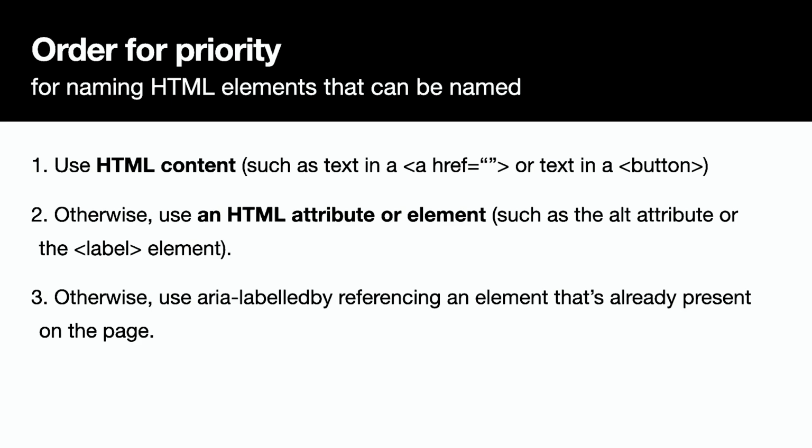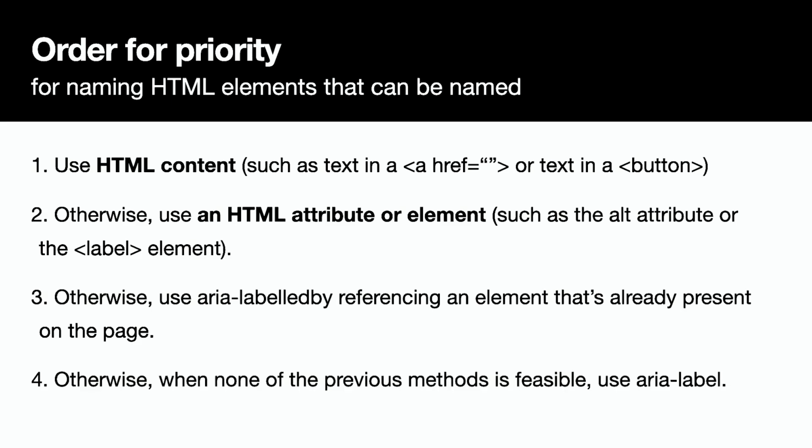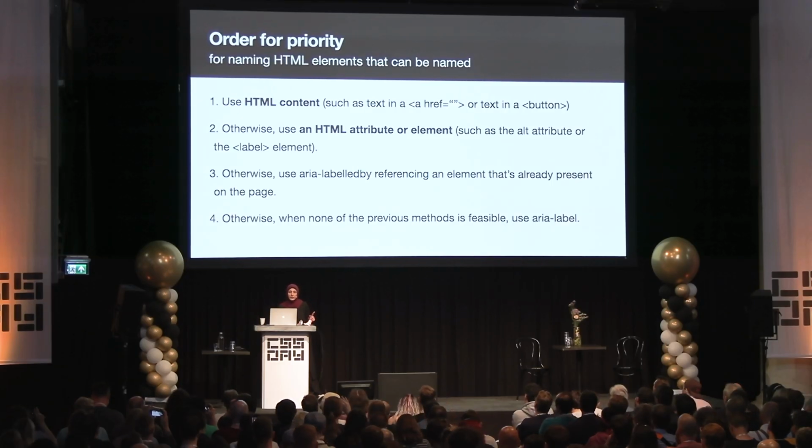So in that case, you would use aria-labelledby and reference an element that is already present on the page. Otherwise, when none of the previous methods is feasible, then if you absolutely have to, use aria-label. So prioritize native HTML. Unless providing a name for an iframe, avoid the title attribute completely, and ARIA should be your last resort.